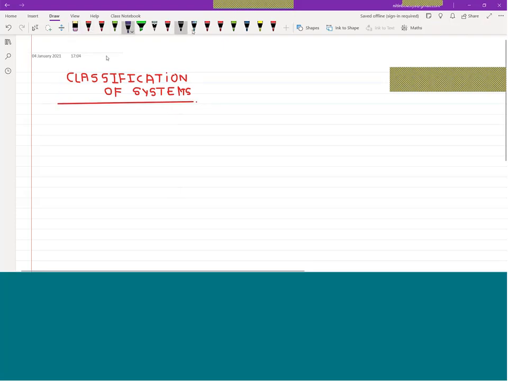The first classification is linear and non-linear system. Linear and non-linear system. So let's check how we can say the input-output relationship is linear or non-linear.